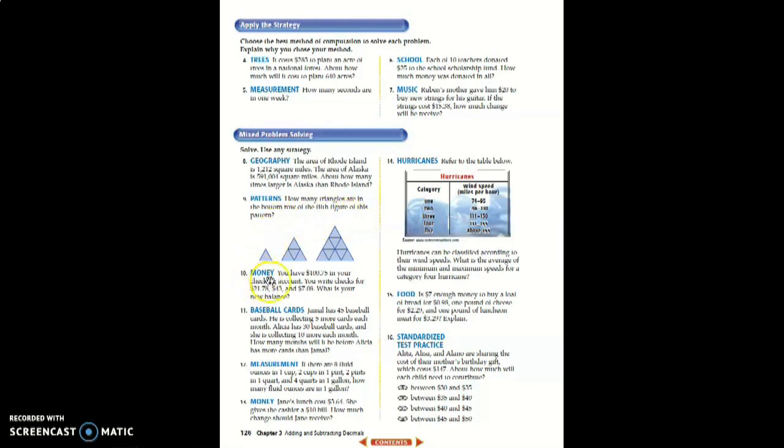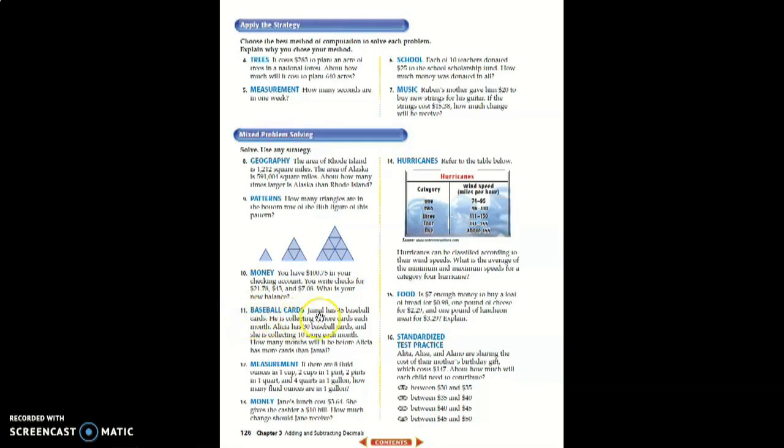10. Money. You have $100.75 in your checking account. You write a check for $21.78, and another for $43.07. What is your new balance? 11.